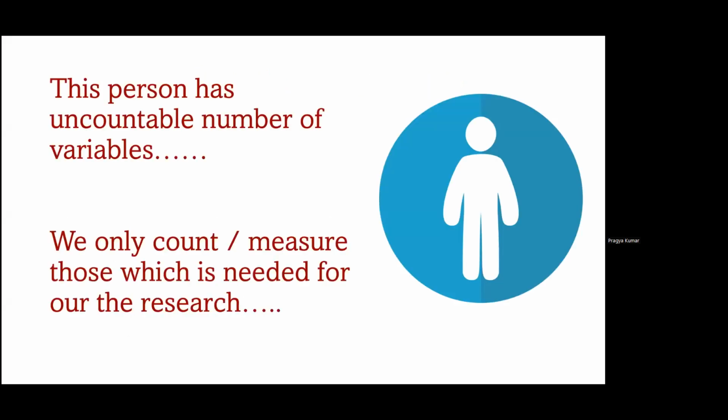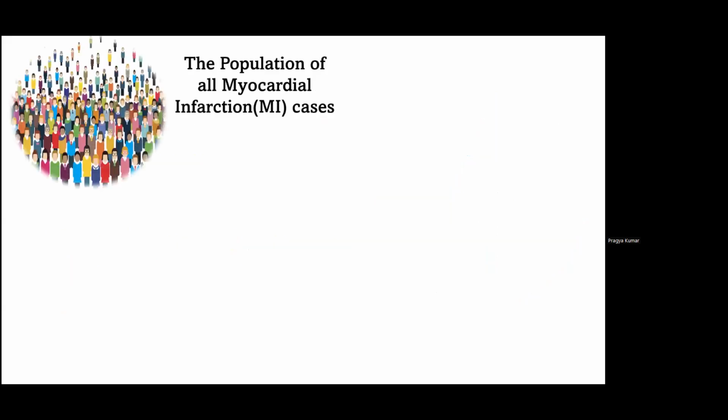Any person has a lot of variables, and it depends on the researcher which variables he or she is interested in. He or she collects only those variables needed for the research. That's why in a protocol submission there is a separate column for variables: which variables you would like to collect from that person.